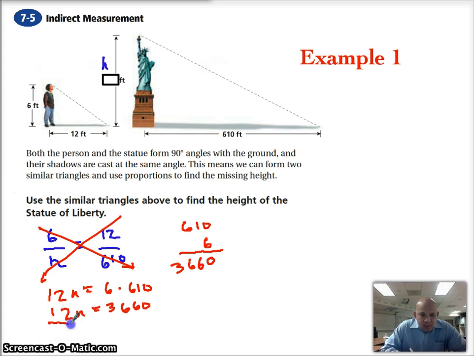In order to isolate the variable and solve the problem, we're going to divide both sides by 12. Where now n equals 3,660 divided by 12. Goes in 3 times here.